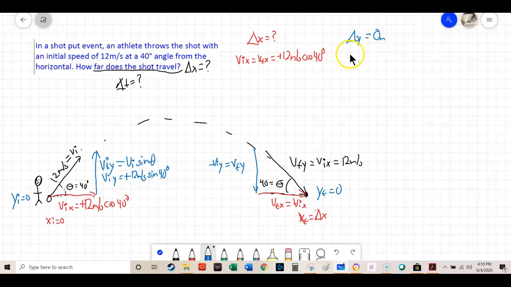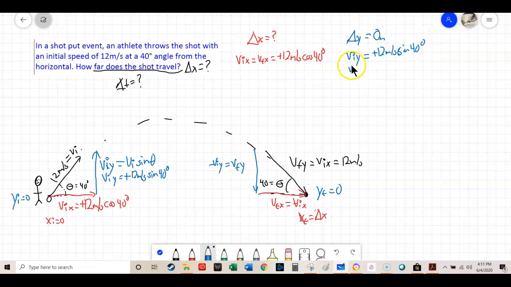Okay? We know the initial velocity in the y direction, which will be launched up at 12 meters per second sine of 40 degrees.